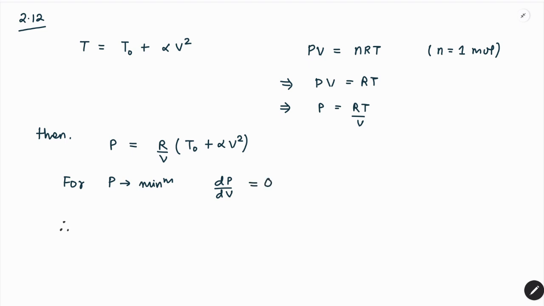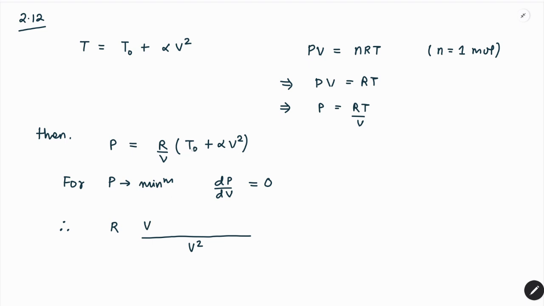So if we write dP by dV equated to 0, we have the derivative of this expression. The denominator term also contains V, so we use the division rule. We keep R constant, outside the derivative box, the denominator is squared, then we fix the denominator and differentiate the numerator.